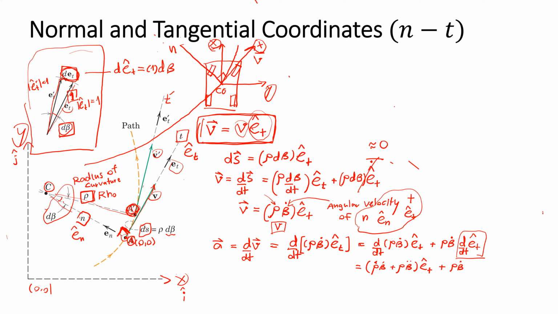And here is the magnitude of the d of the unit vector. What is the direction of the difference between the unit vectors? What is the meaning of this direction? If you see here, this is the first unit vector and this is the second unit vector.